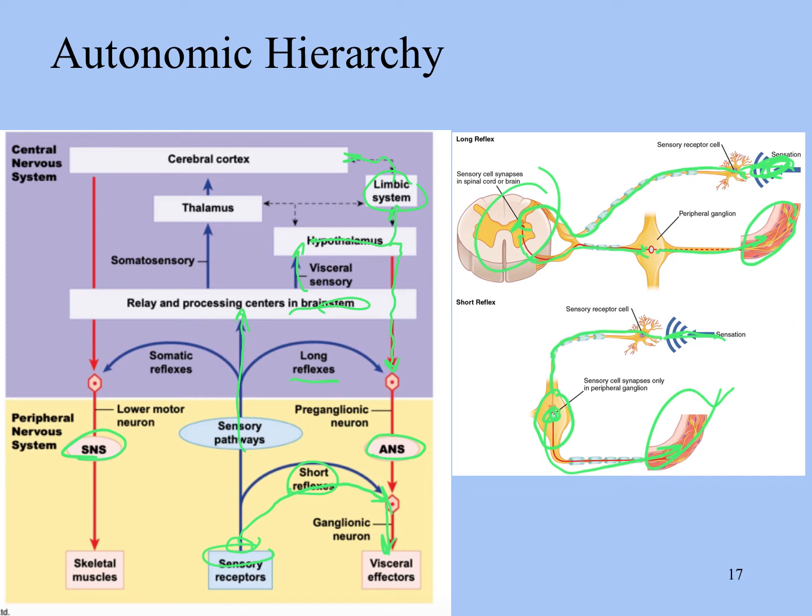And if the limbic system is not involved, then the hypothalamus is just going to regulate what is going on with that particular reflex. So what this does is it sets up 3 levels of control over an autonomic response that gives you the ability to modulate the response to multiple types of sensory input.